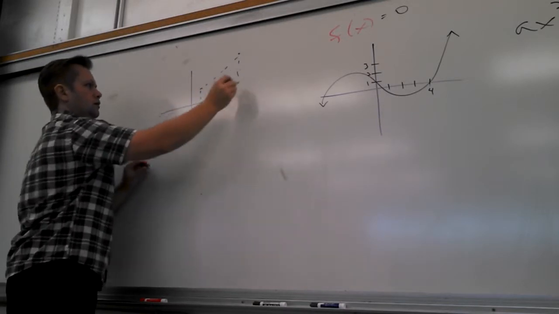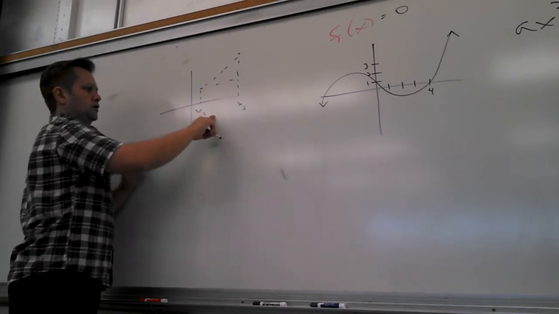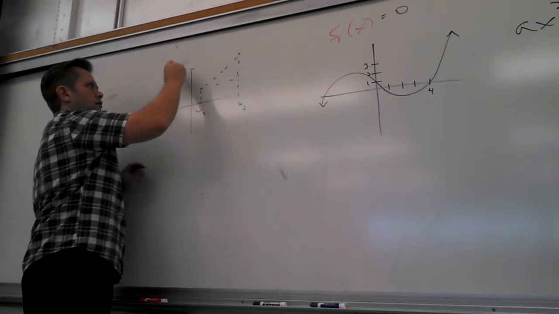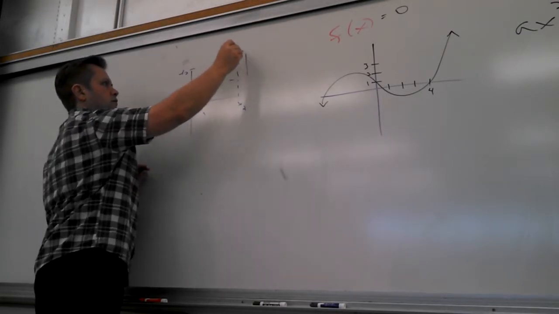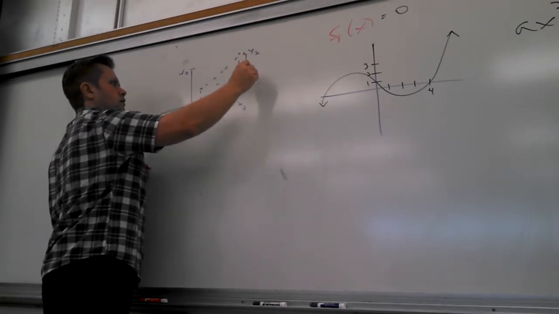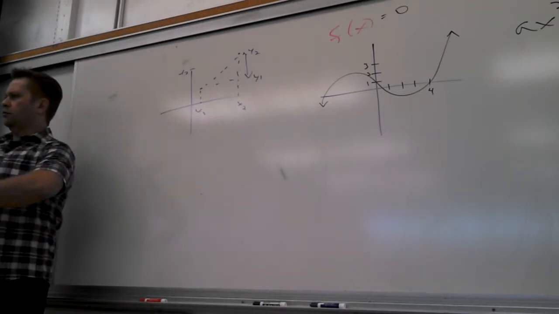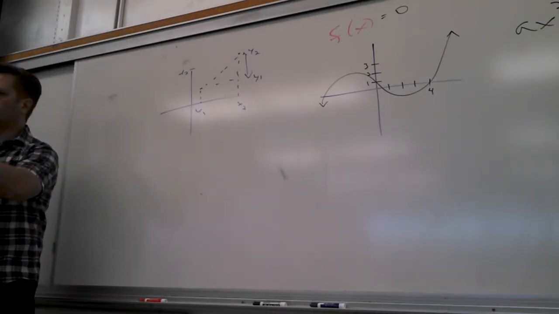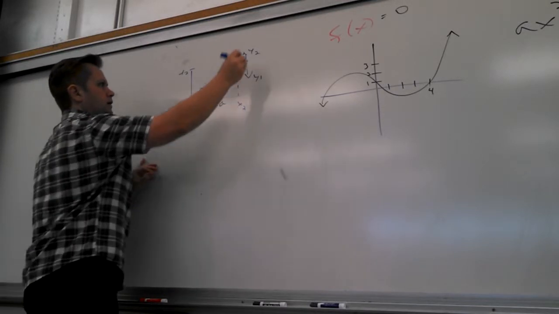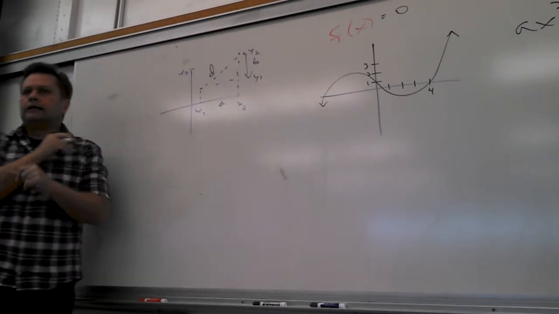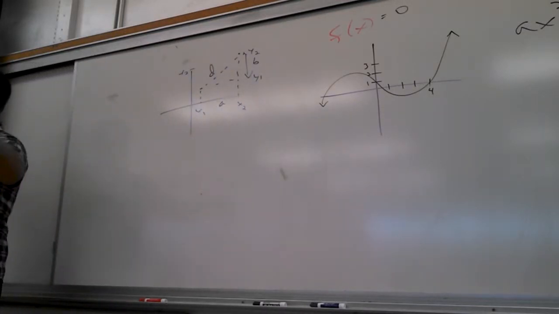And this would be x2 minus x1, and this would be y2 minus y1. If you guys remember this, we can do this very quickly because we did it the other day. So this is maybe side A, side B, and then we call it side D because we want to look at it as a distance now. We're going to call it C.